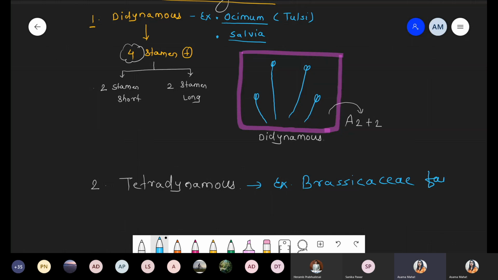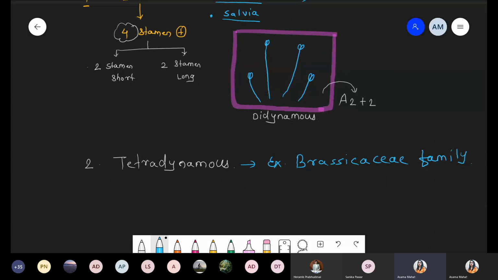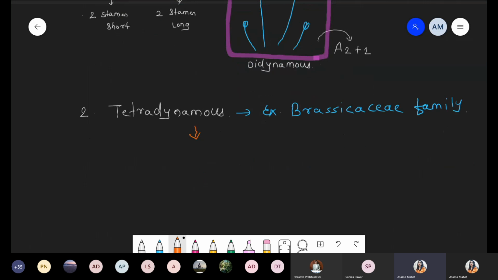It is very common in the Brassicaceae family, and under Brassicaceae, mustard is one example, the mustard that we put in our food, you know, Brassica. So in this tetradynamous condition, total 6 stamens are present.